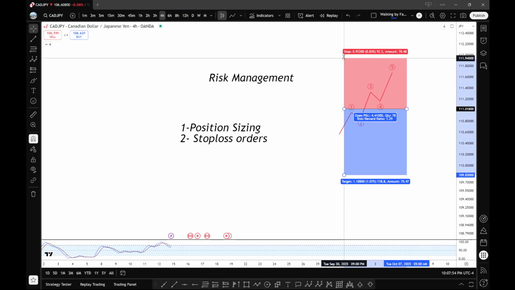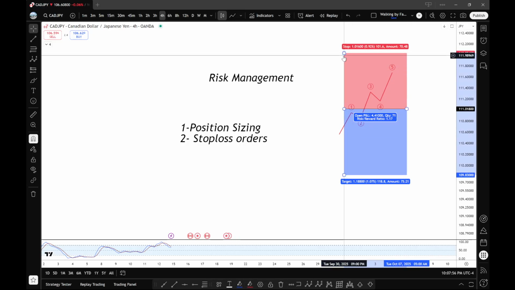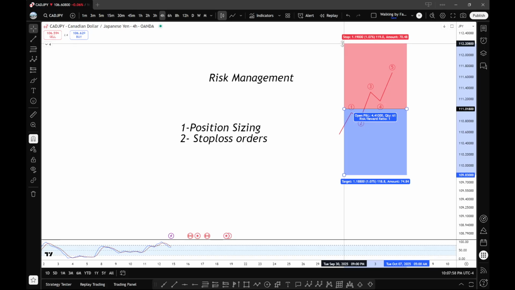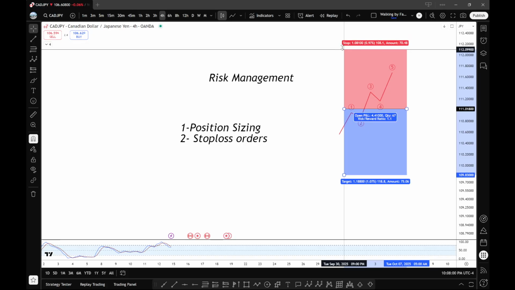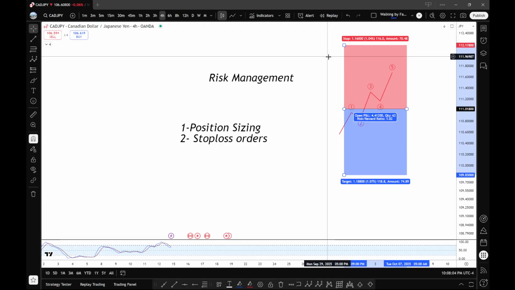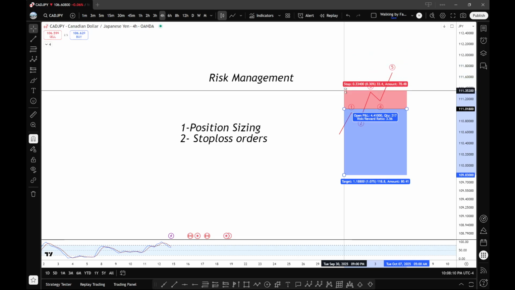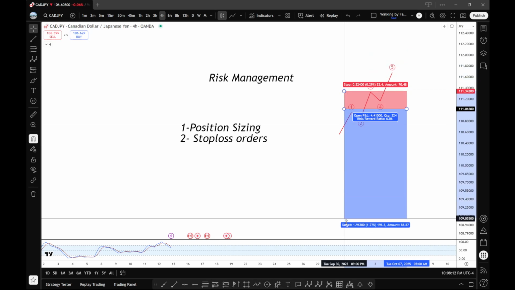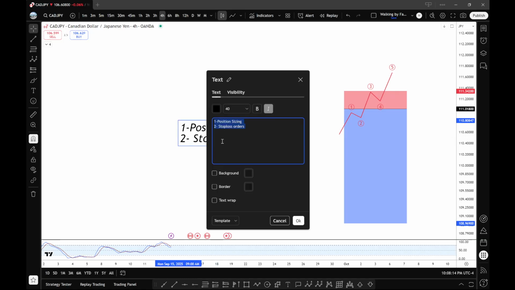Sometimes we move our stop loss more and more and more. By the time you know it, the risk to reward don't even make sense. Feel me? You got more red than blue at this point. And we don't want that at the end of the day. We want to be having less red and more blue at the end of the day, right?